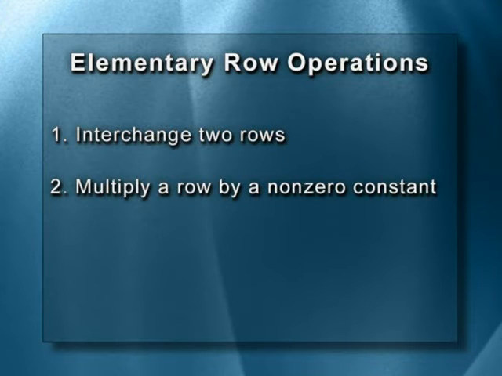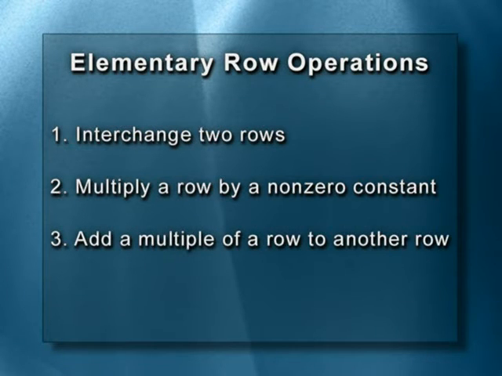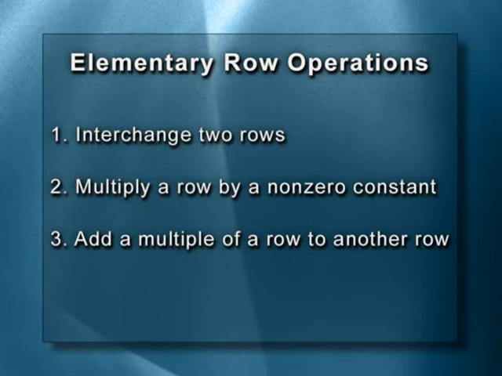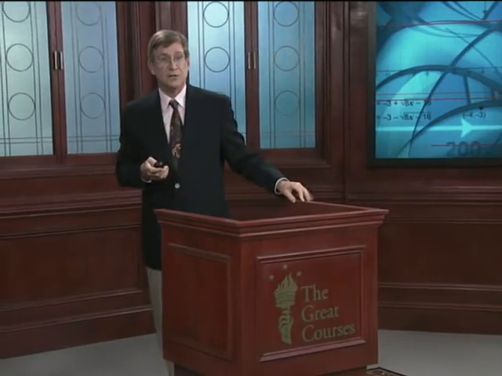For instance, you might want to divide both sides by 7, and that's a legal operation. But the most important operation, the one that is most complicated, is adding a multiple of one row to another row. But those 3 steps are the heart of what we call Gaussian elimination. Doing those 3 steps, you can take a linear system and ultimately find out whether or not it has solutions and what kinds of solutions it has.